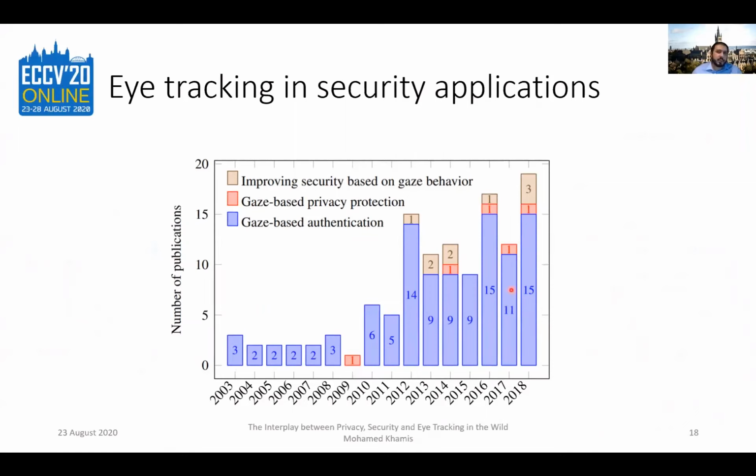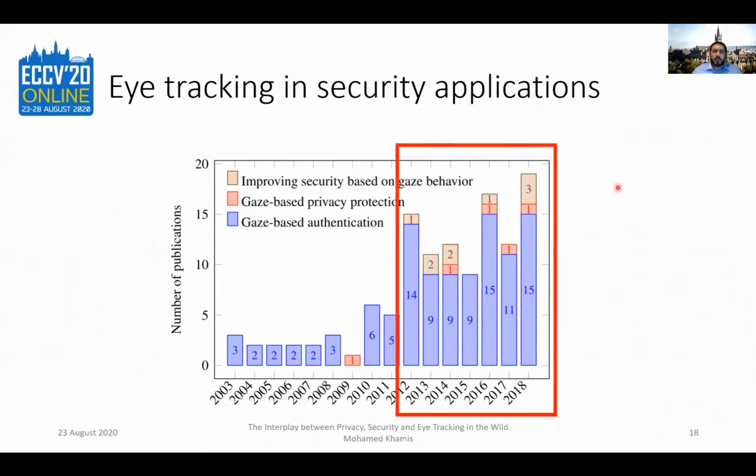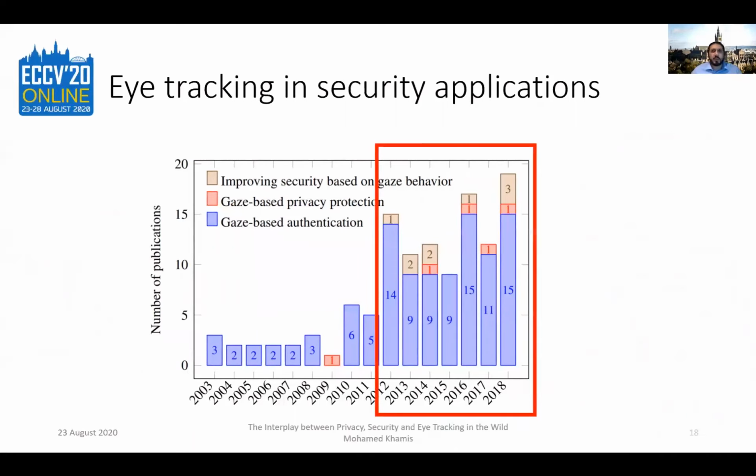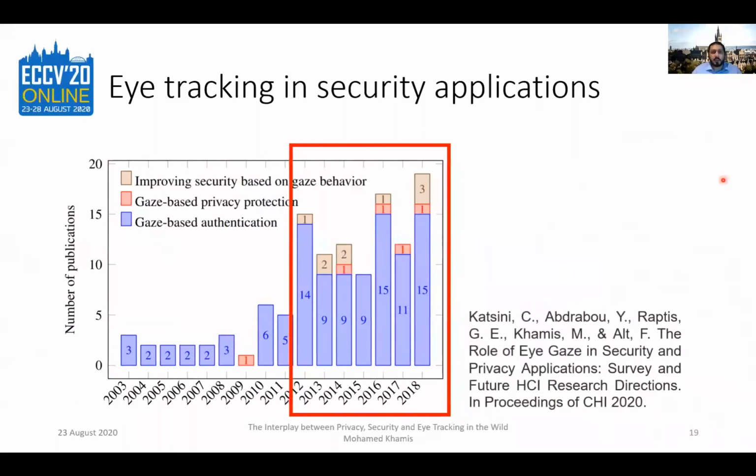You can see that the vast majority is actually in gaze-based authentication, but there are also other categories, which I'll talk about in a bit, like privacy protection using eye gaze and also improving security based on gaze behavior. But the point I want to highlight here is that there has been an increasing use of eye tracking in security applications. And this is a positive thing. I think that there's a lot that could be done with eye tracking to improve security.